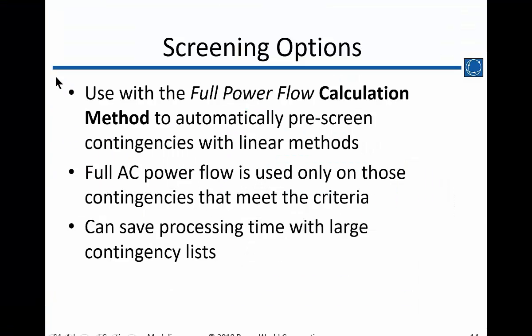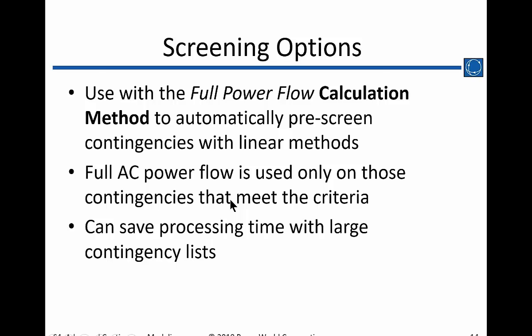All right, so the next topic we'll look at is called screening. And as we saw when we tried to run the full AC power flow, if you've got time to run the AC power flow on all your contingencies, usually that's the most comprehensive way to get detailed results, and you can solve for voltages.